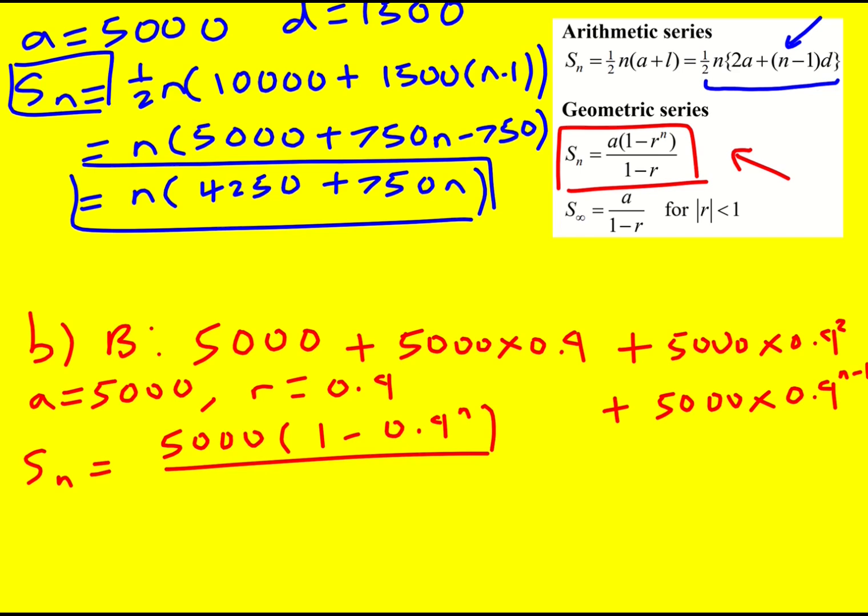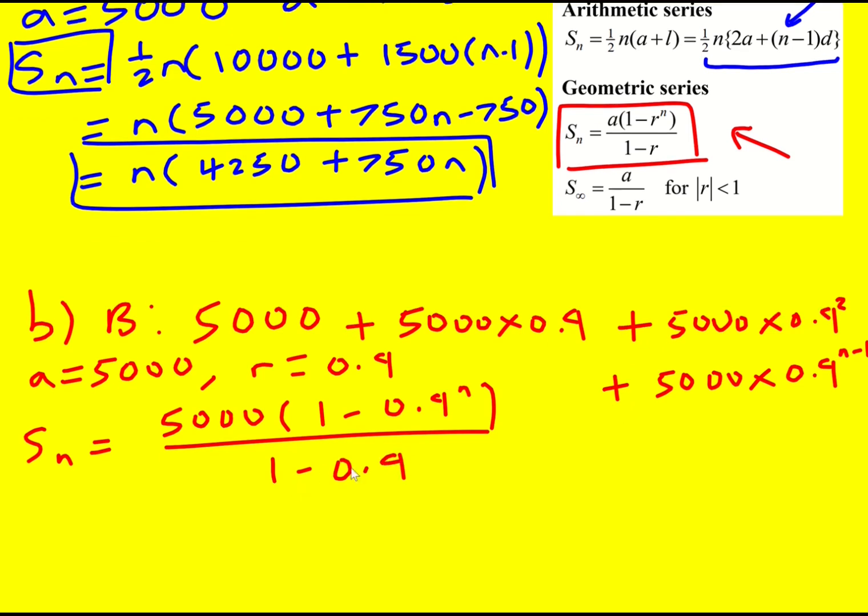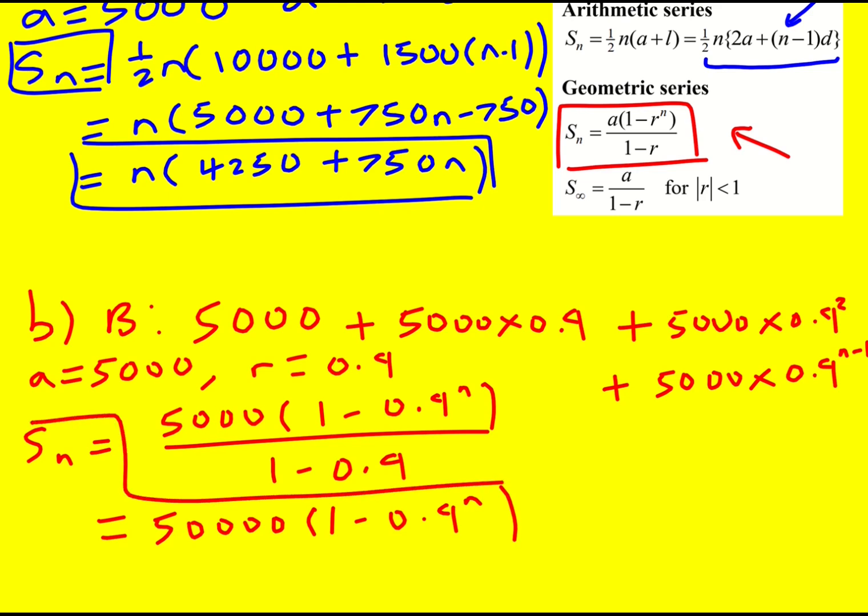You should learn where they've come from, but we're just going to use them here. Now 1 minus 0.9 is 0.1, and dividing by 0.1 is the same as timesing by 10. So my final answer is going to be 50,000 times 1 minus 0.9 to the n. Again, you could expand the bracket, but this is fine. All right, nice so far.